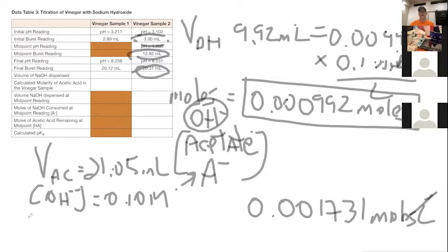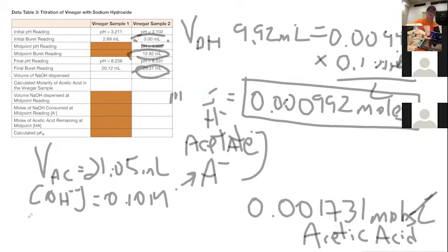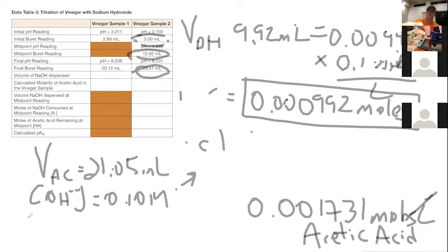So if this is the number of moles of acetate ion halfway through, well, where did that acetate ion come from? It came from this many moles of acetic acid at the beginning. So the number of moles of acetic acid that are left must be the difference. So this is the number of moles of acetate ion halfway through.